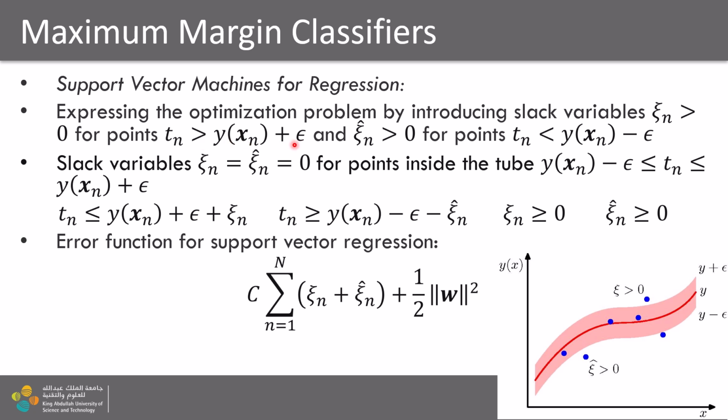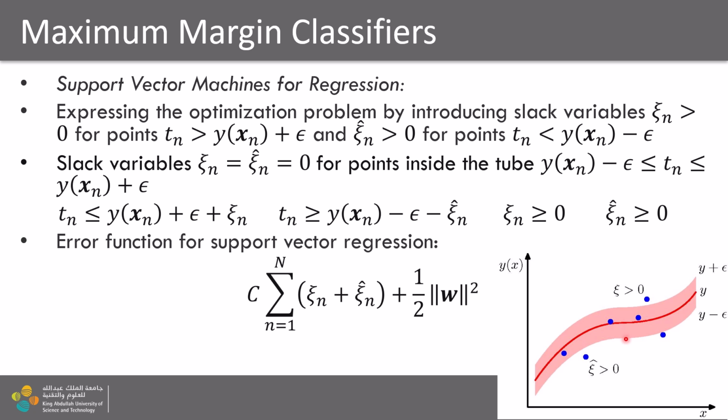And in a 2D case here, we also have C hat n bigger than 0 for the points where Tn is smaller than y(xn) minus epsilon. So here we have the y, and then minus epsilon is here.